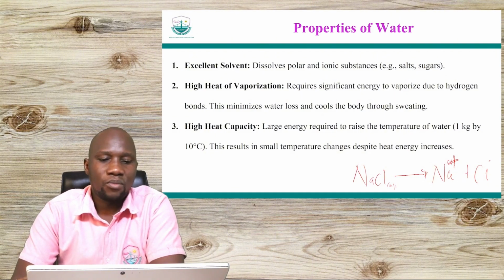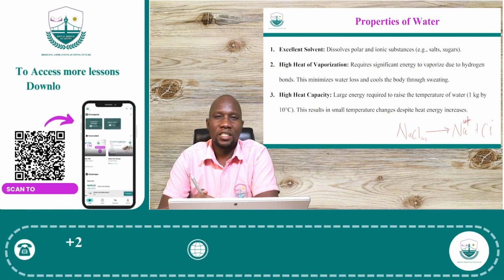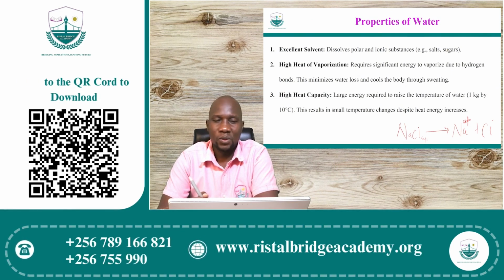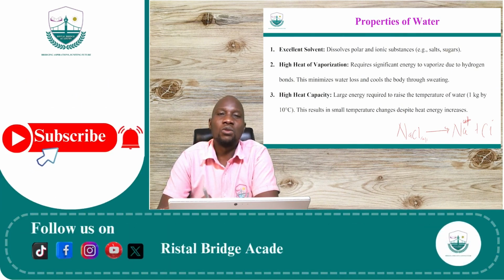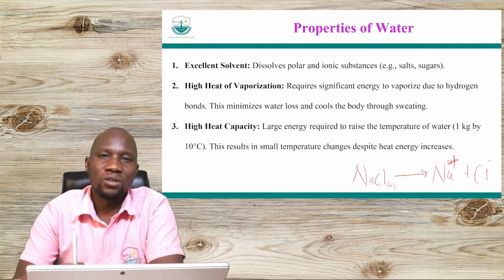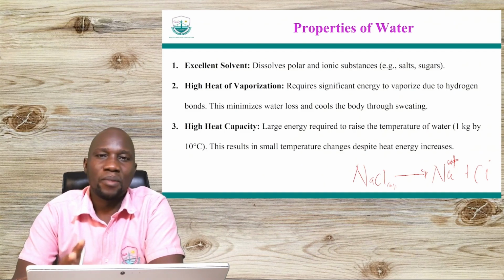So the other property is that water has a high heat of vaporization. What does this mean? If you want to convert water from liquid to vapor, basically gas, you need to supply water with a lot of heat to vaporize, because you basically have to break the hydrogen bonds to make the water molecules free in vapor form.